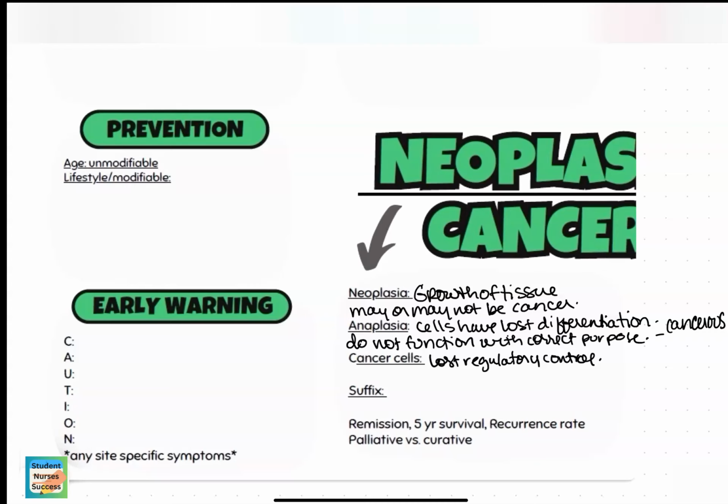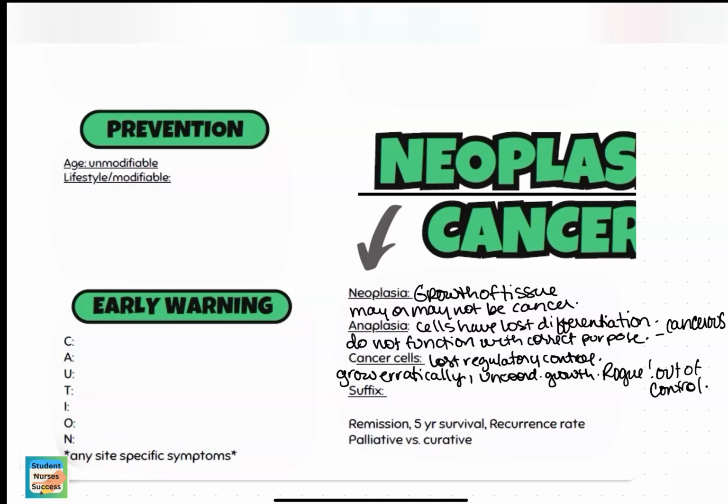They're growing erratically, they're uncoordinated in their growth, and they're basically rogue and out of control. They're not functioning properly like they're supposed to, and they're not following any rules.